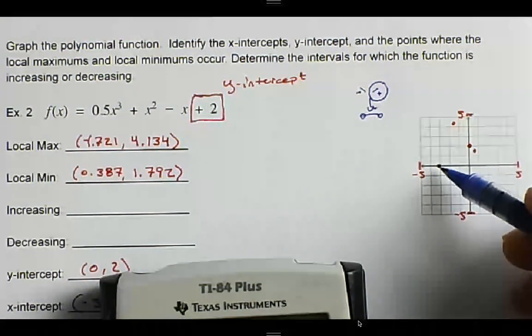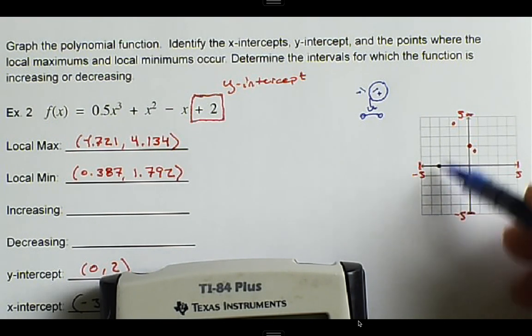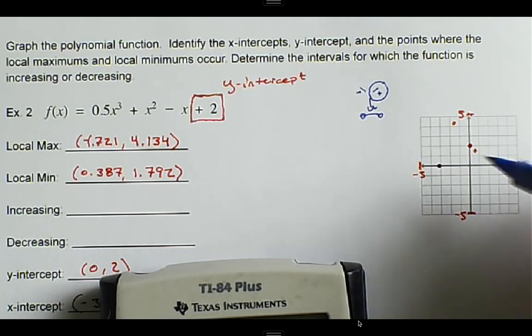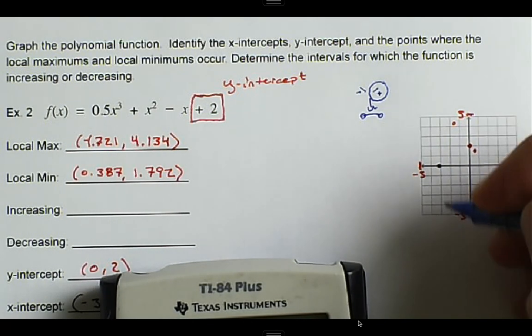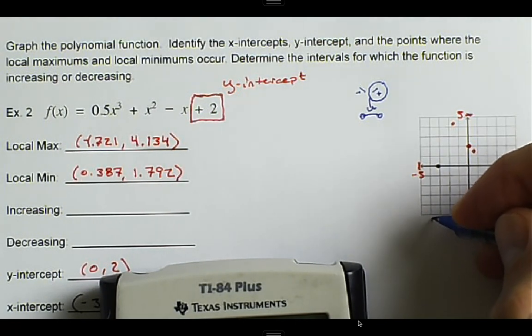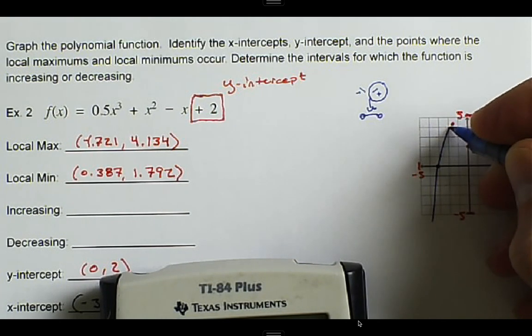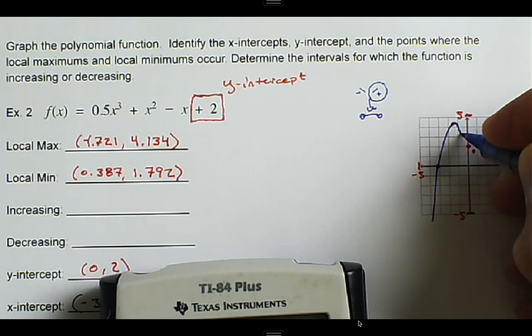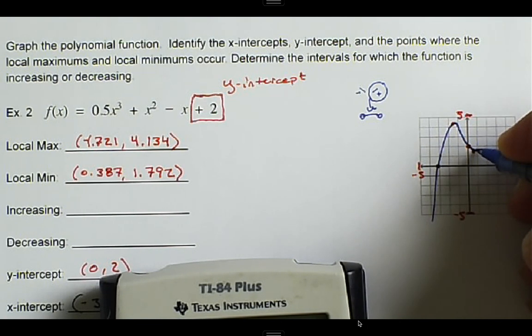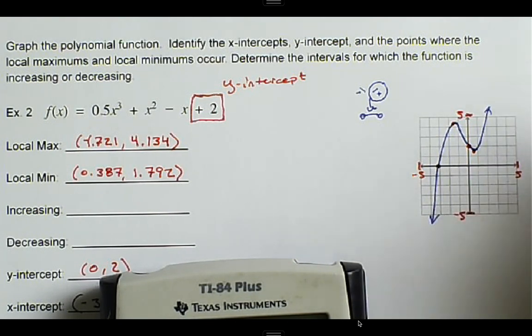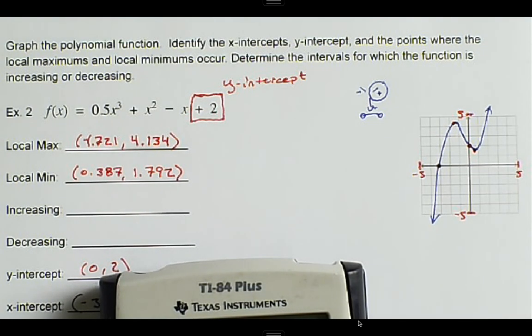So we're only going to cross the x-axis once, and then we'll be finishing positive from there. So we're starting low, we're coming up, we're going through the x-intercept up to the local maximum, our turning point. We're going to come through the y-intercept down to the local minimum, another turning point, and then we're going to finish going in that direction.